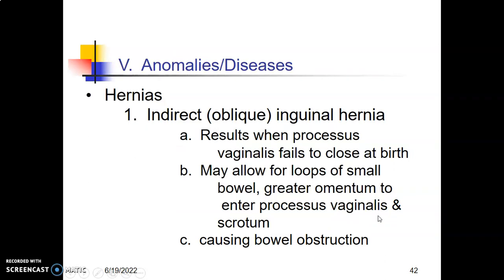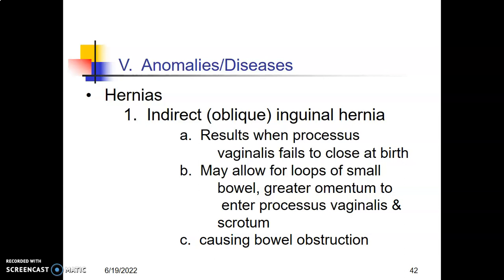Anomalies associated with the testis include inguinal hernias. We have the indirect hernia. Remember we said indirect hernias occur lateral to the Hesselbach's triangle. That means the herniation occurs lateral to the inferior epigastric vessels, through the deep ring, through the canal to the superficial ring.